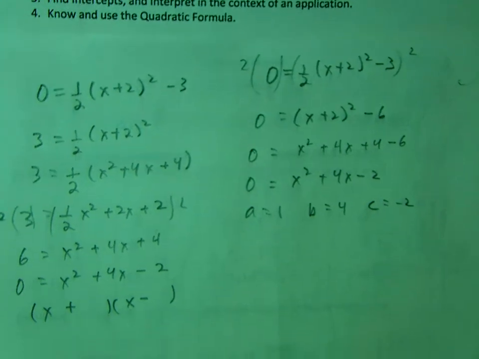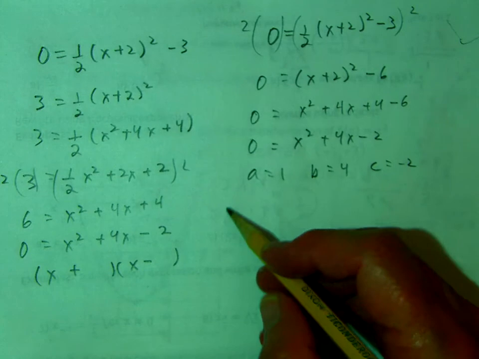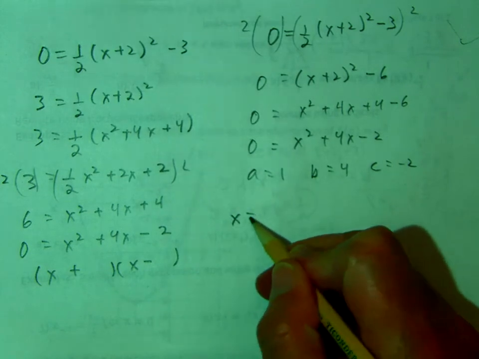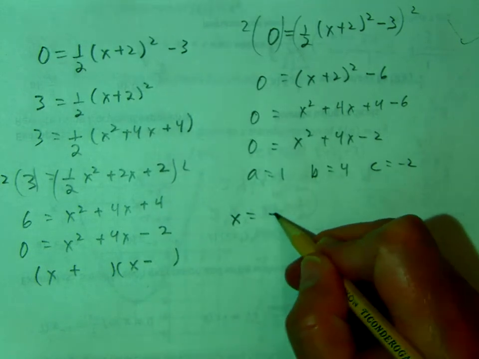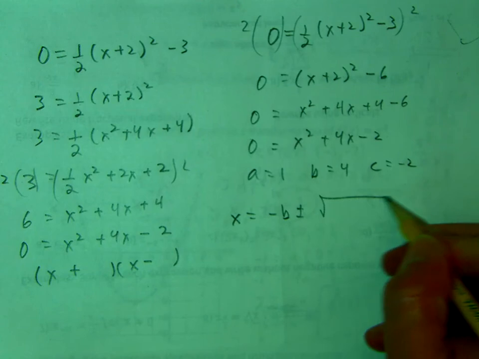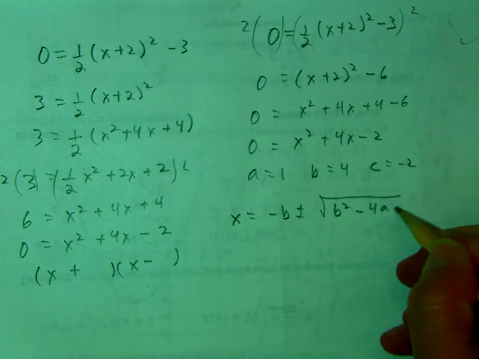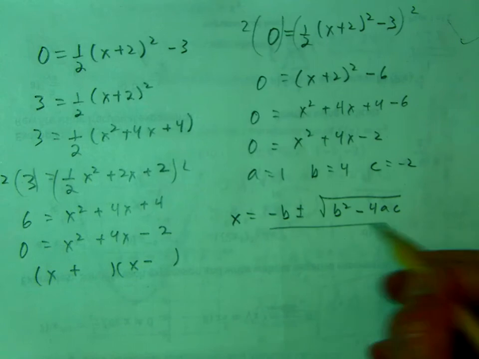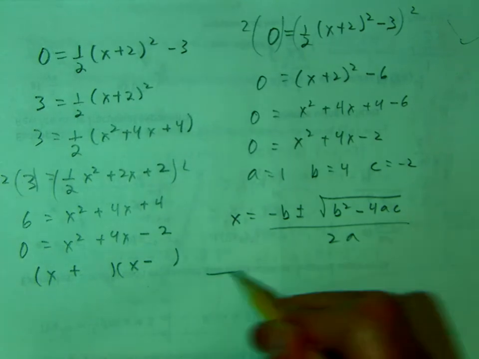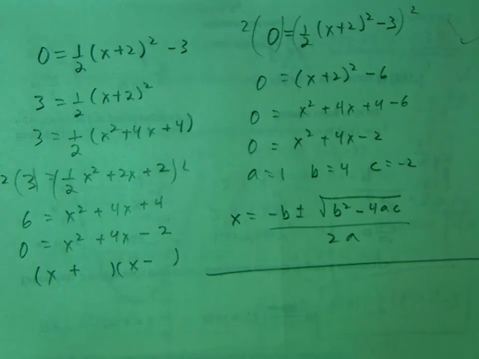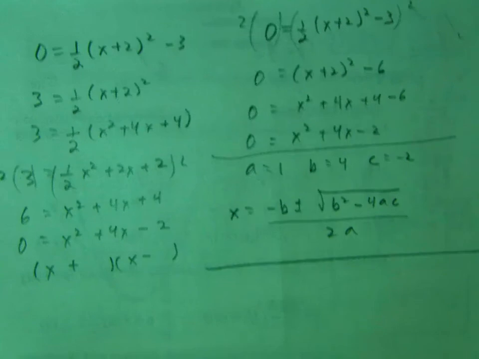And now we're going to sub into the quadratic formula, which is x will equal negative b plus or minus the square root of b squared minus 4ac all over 2a. So let's sub in our values here.